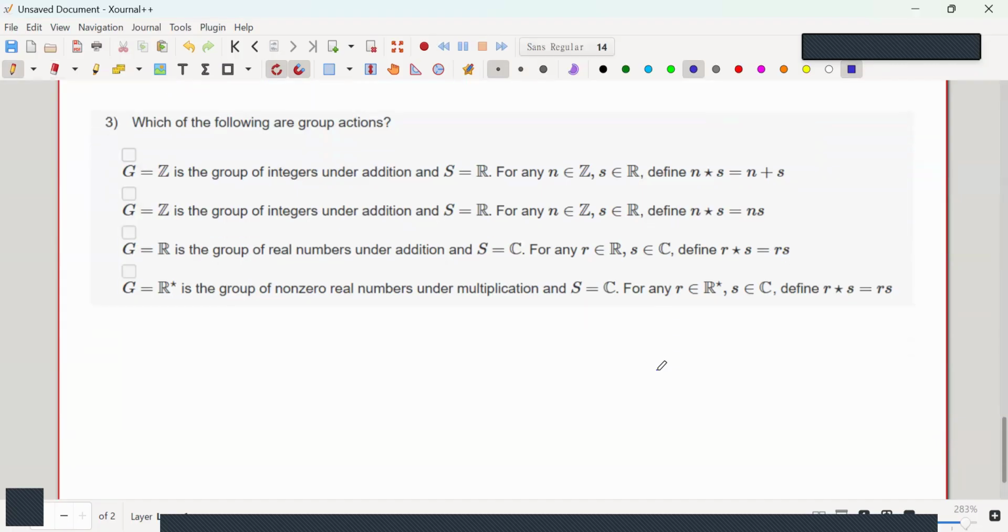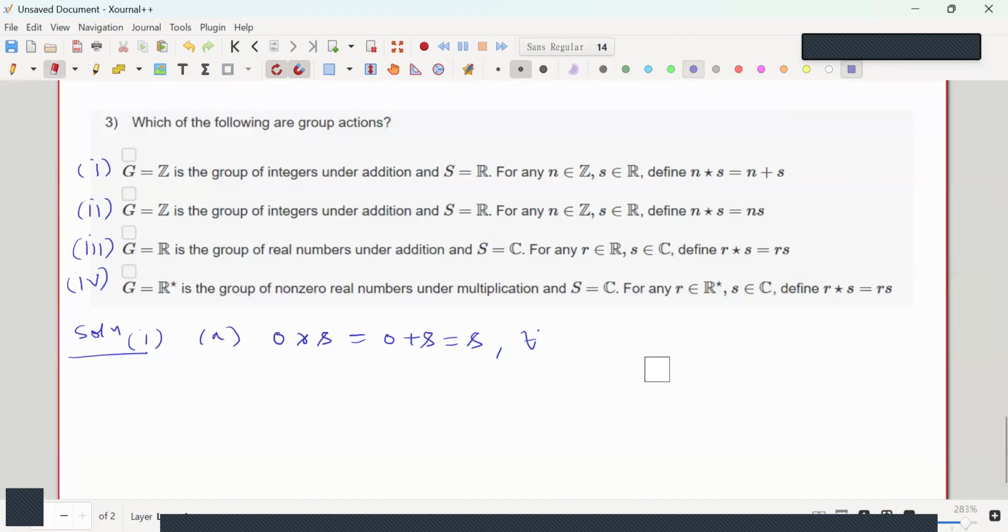So the first one, is it a group action? Yes. The first property is that we should have 0 star s to be s again. Is 0 plus s equal to s for all small s in capital S?